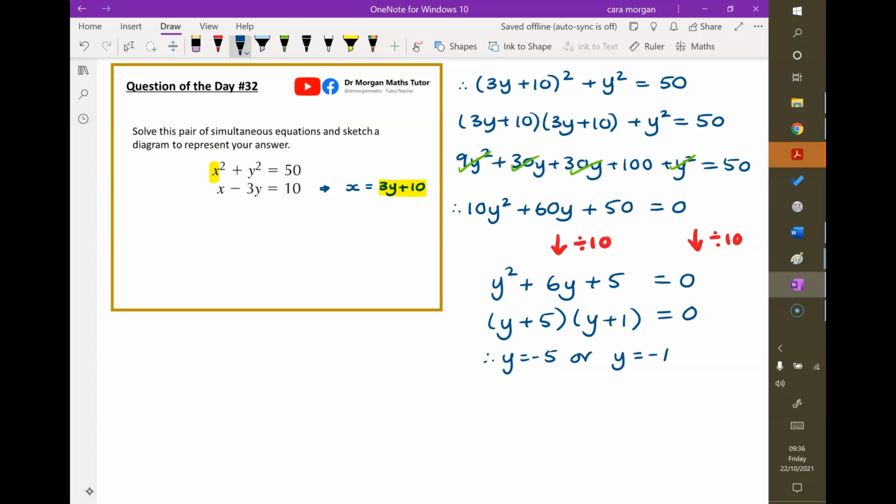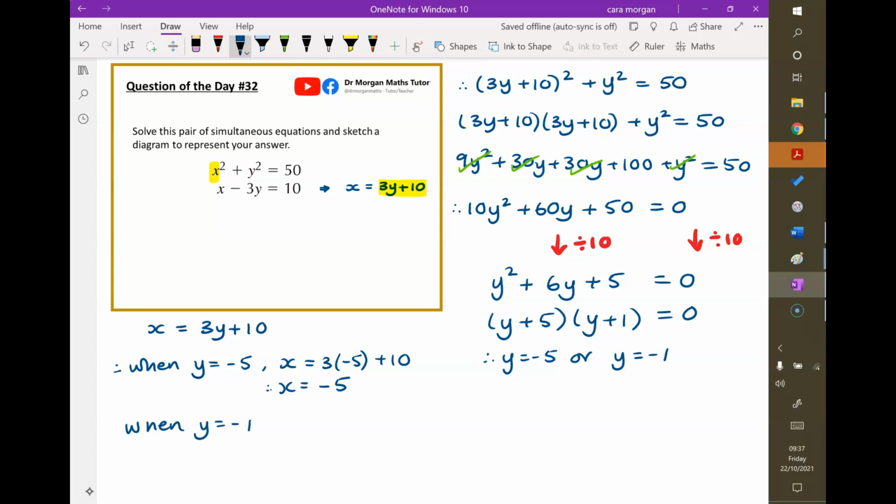Now remember earlier that I said that x is equal to 3y add 10. So therefore, when y is equal to -5, x is equal to 3 times -5 add 10. And that must mean that x is -15 plus 10, which is -5 as well.